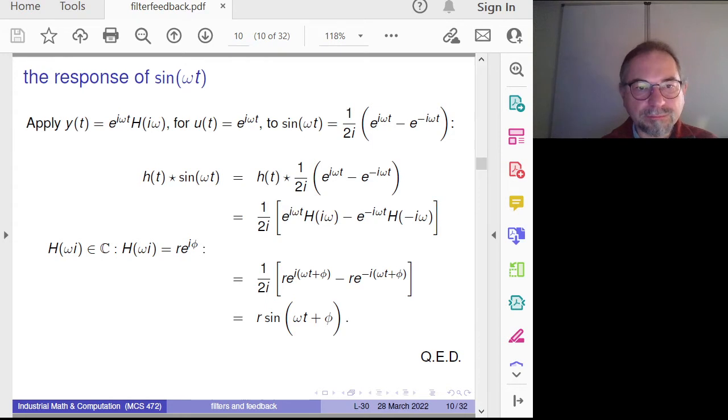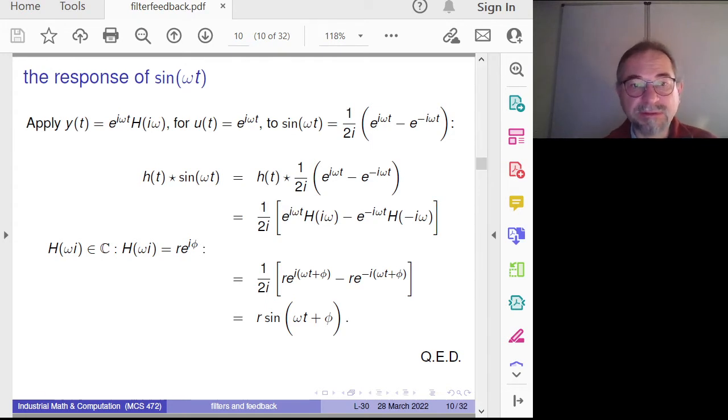We have derived the output of the exponential. Now we do this with the minus, using the fact that the linear combination, so we have the i times omega, and then we have the minus i times omega.